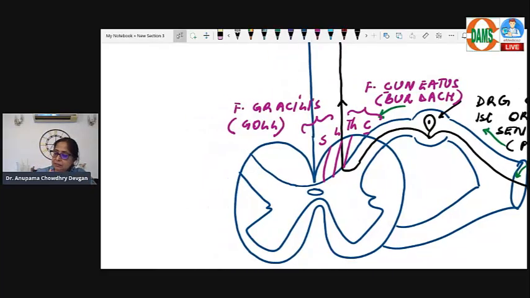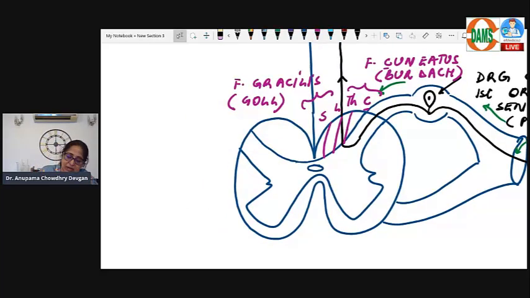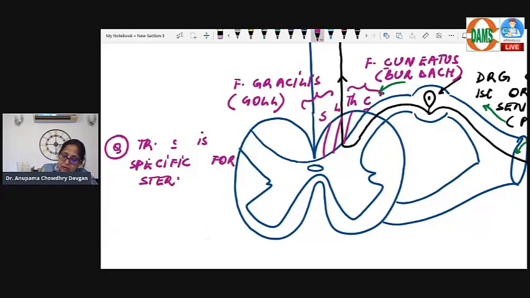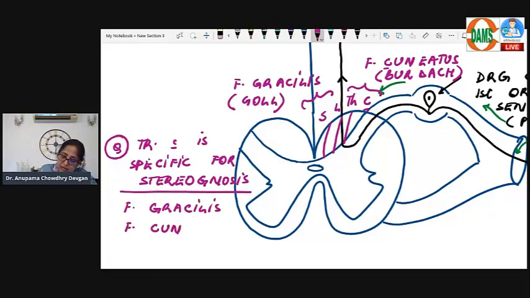Now, there was a question which was asked: which is the tract which is specific for stereognosis? Is it going to be fasciculus gracilis, or is it going to be fasciculus cuneatus?